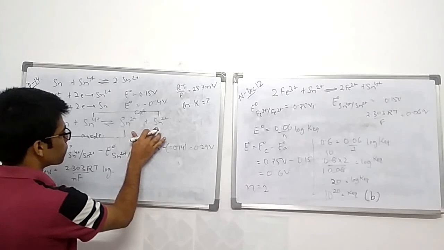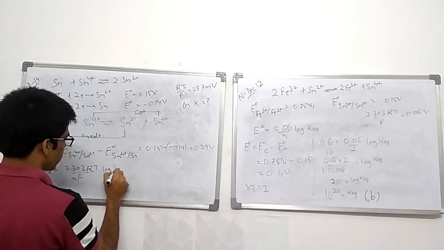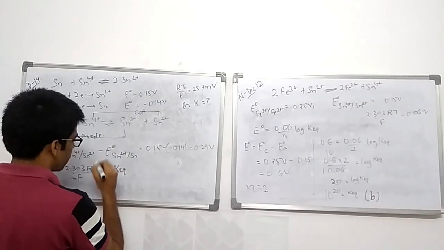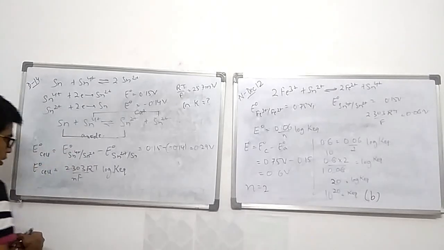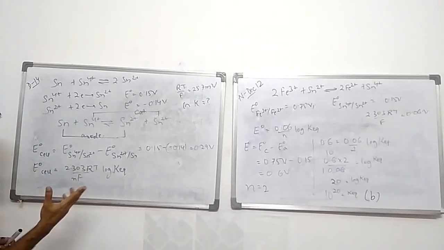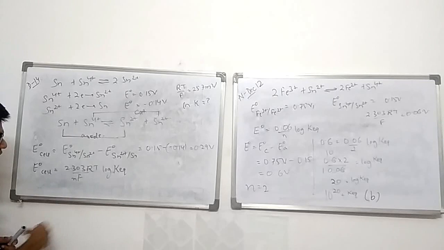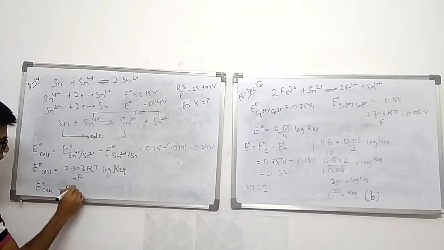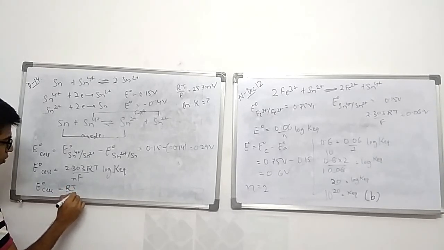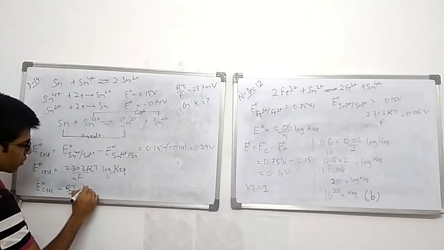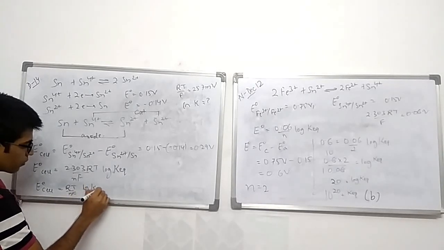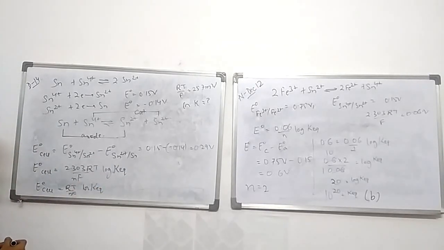That is the equilibrium constant that we have to find. Now they want ln Q, so I will replace log by ln and I would get E naught cell is equal to RT by nF, 2.303 into log is what? Ln. And I have K equilibrium.